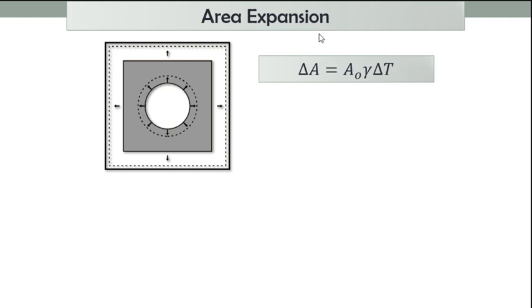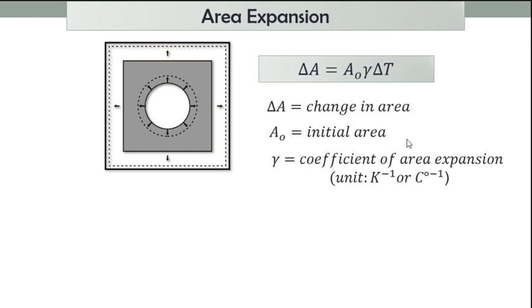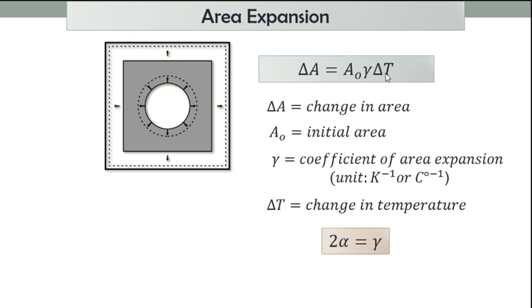And the area expansion, or the change in area, delta A, is equal to the initial area, or A sub O, times the coefficient of area expansion, or gamma, times the change in temperature, or delta T. Wherein our coefficient of linear expansion is related to the coefficient of area expansion, that is, twice the alpha is equal to gamma.